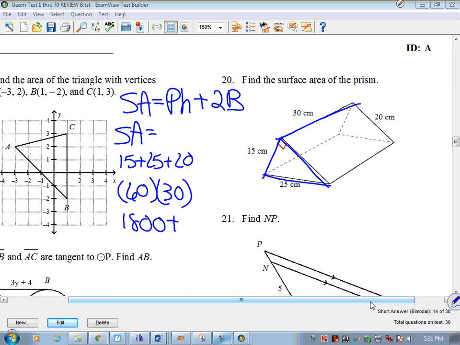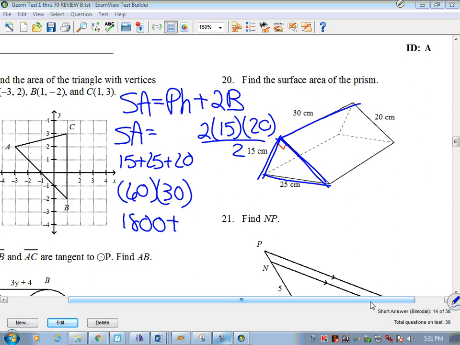Because this is a right angle, 15 and 20 make perfect base and height. So 15 times 20 divided by 2. Then 2 times the area of the base polygon, so the 2's kind of cancel out there.